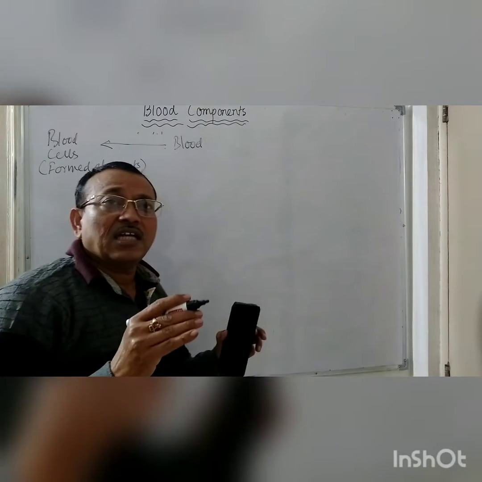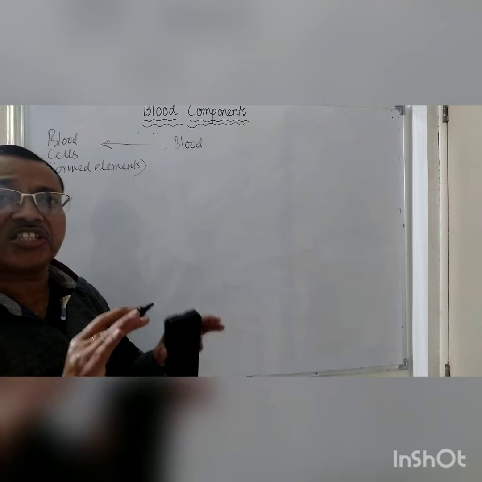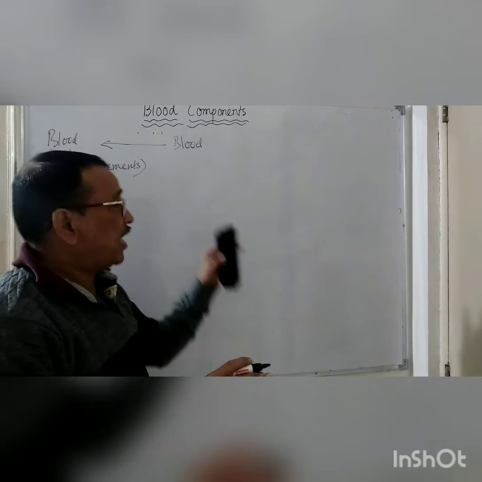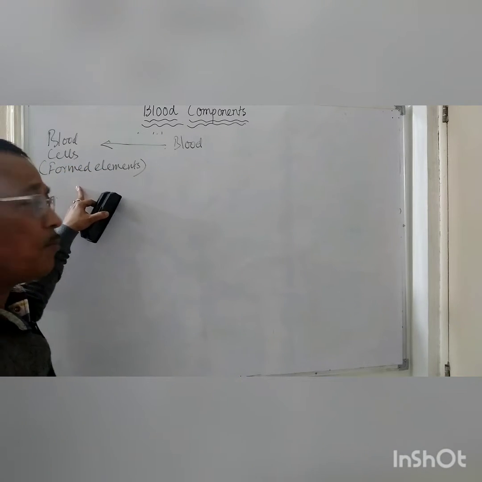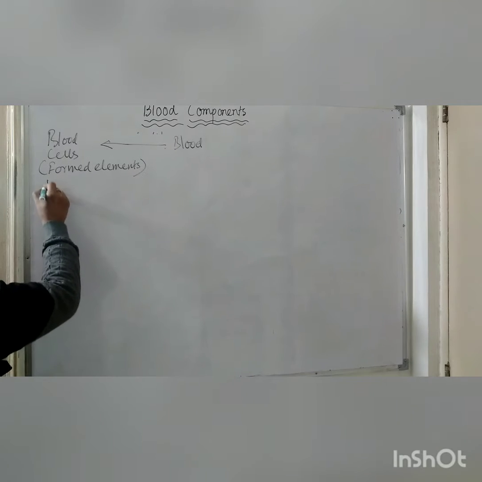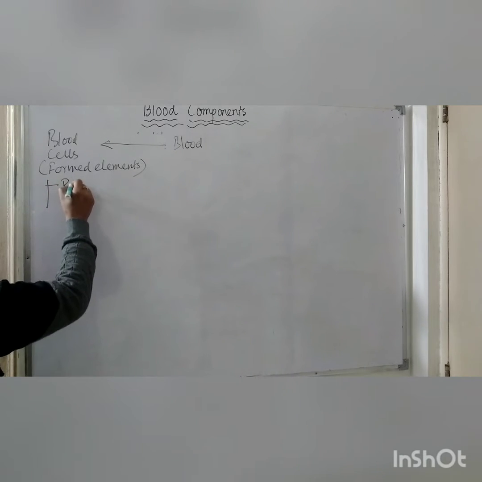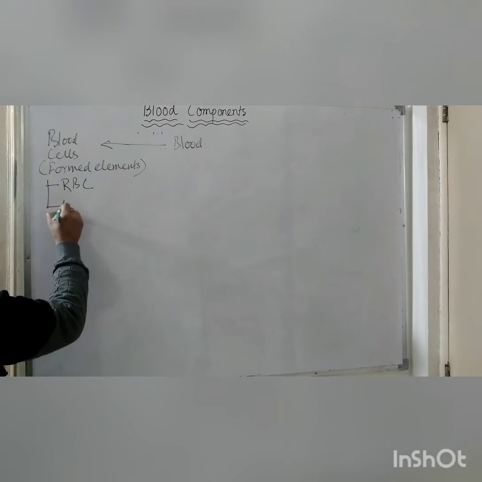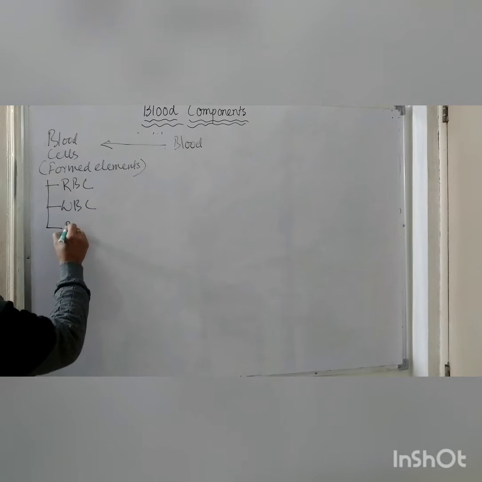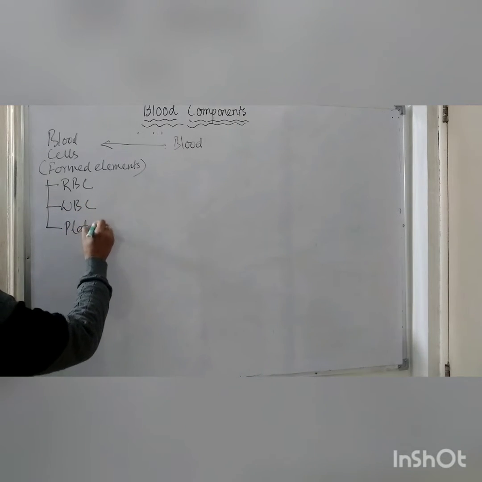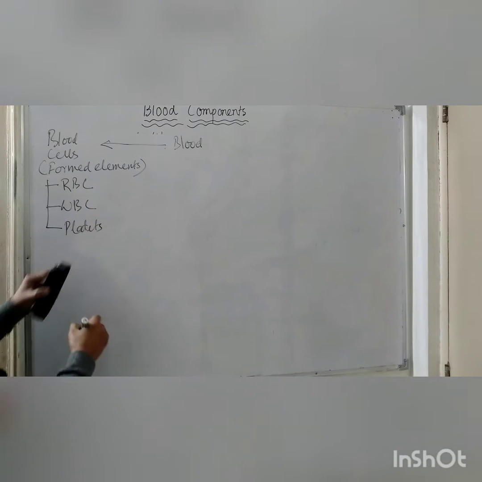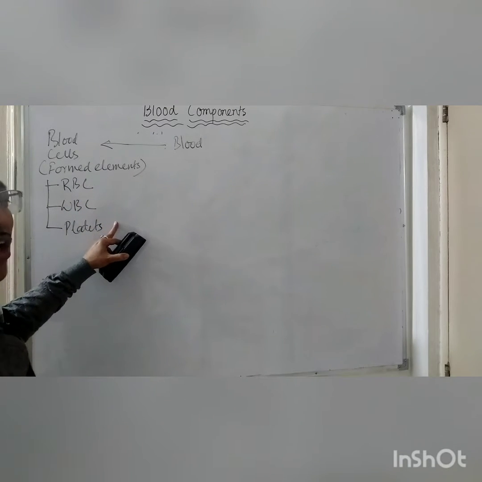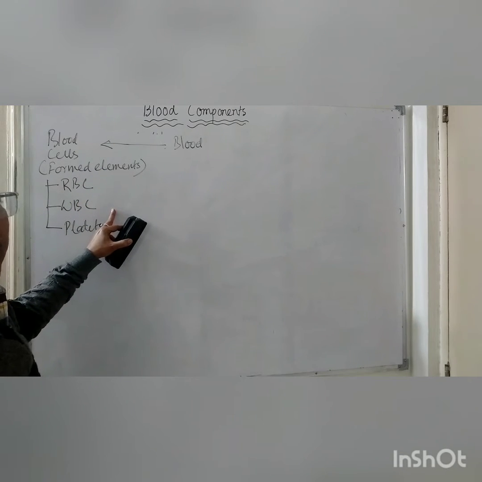Because these have a definite shape or definite form, and thereby these are known as formed elements, which include RBCs or erythrocytes, WBCs or white blood cells, and the platelets. So these are the different formed elements of the blood, or cellular components of the blood.